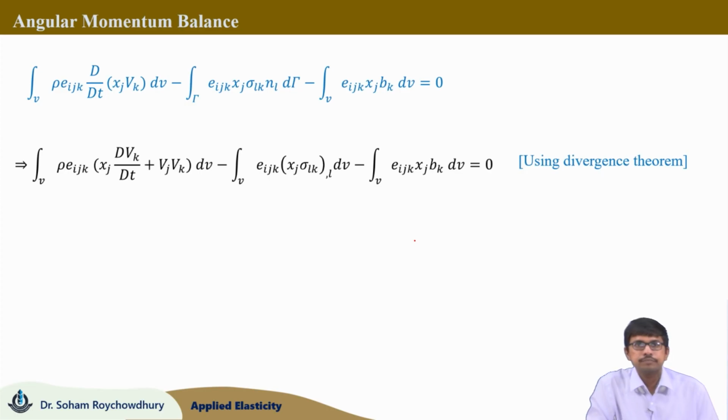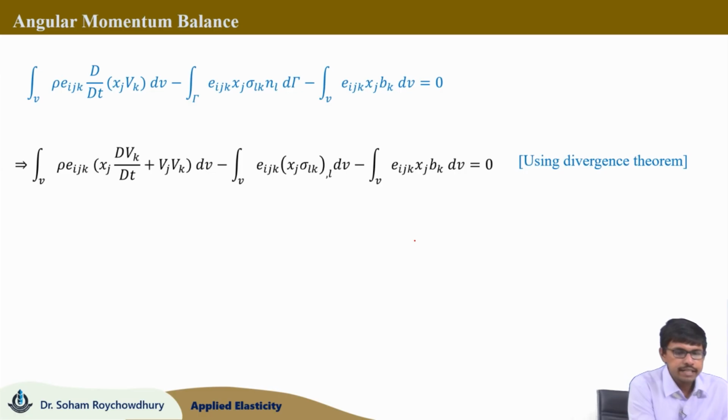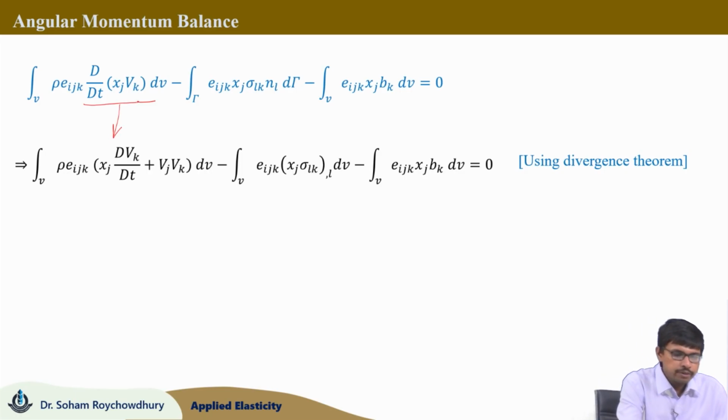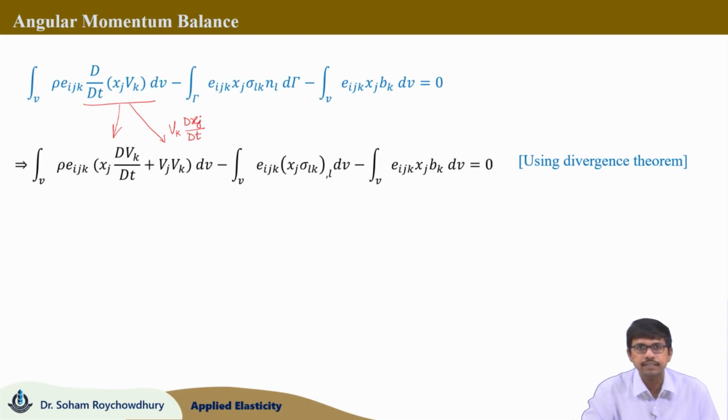Now, moving further, the first term we can rewrite in this fashion. The time derivative is first acting over x_j and then acting over v_k. If x_j we are treating as constant, the first term is x_j times dv_k/dt, and then if we are keeping v_k constant, this would be v_k times dx_j/dt. Now, x_j being the position vector, d/dt of x_j is nothing but v_j, the velocity in j.